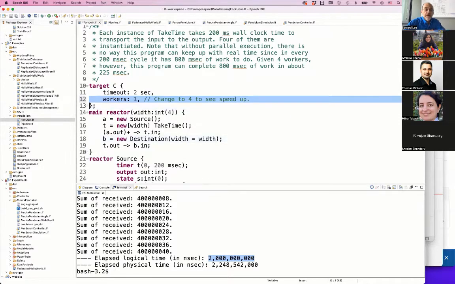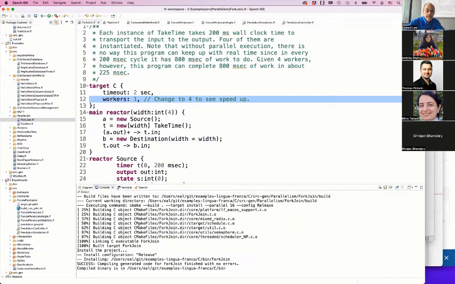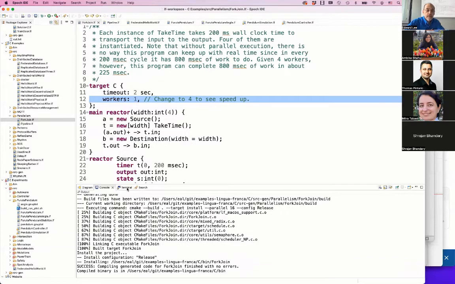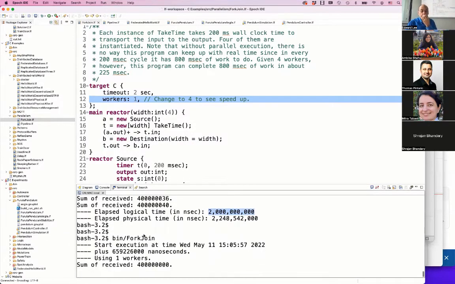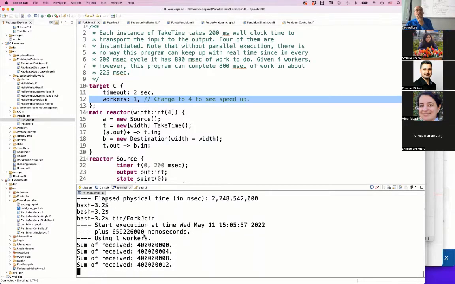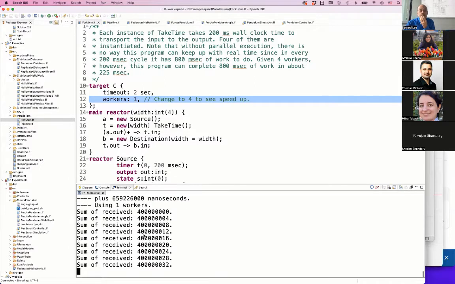Okay. If I specify to use only exactly 1 worker, I'm going to get quite a different behavior. Code generate this again. Looks like it compiled with no error. Run it again. Running a lot slower. Okay.